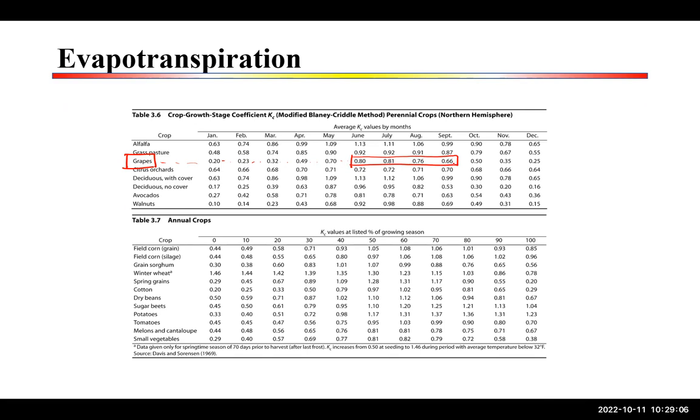Okay, so that should be the KC for grade. Can you type that 0.8, 0.81, 0.76, 0.66? I think the actual harvesting season is from May because 0.7 is higher than 0.66. Like May, June, July, August.